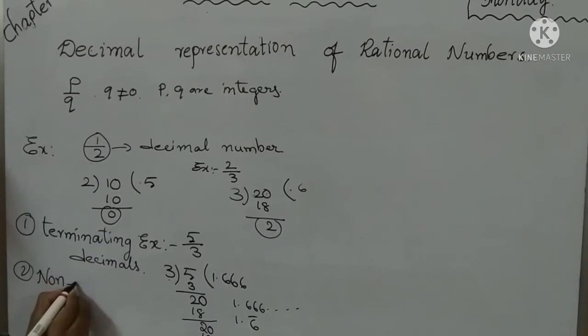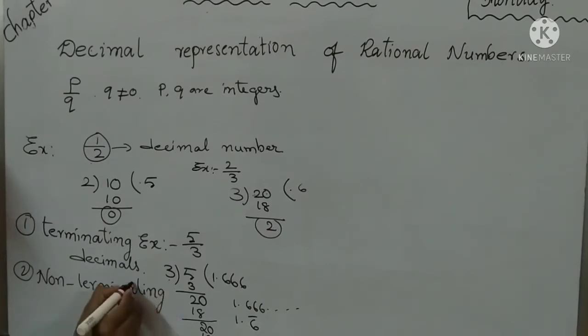The second one is the non-terminating recurring decimals, or repeating decimals.